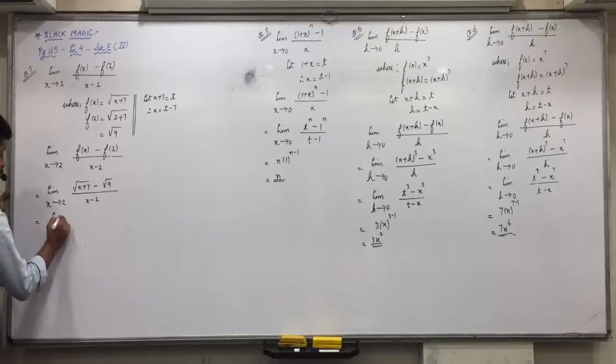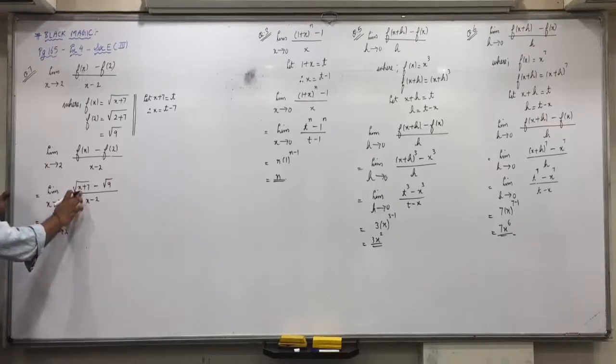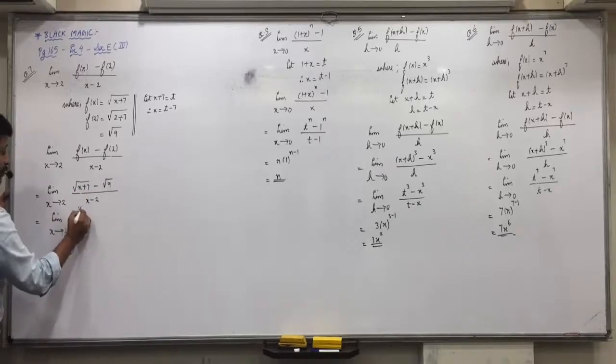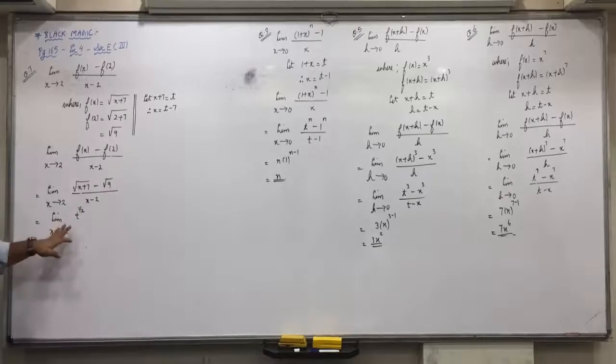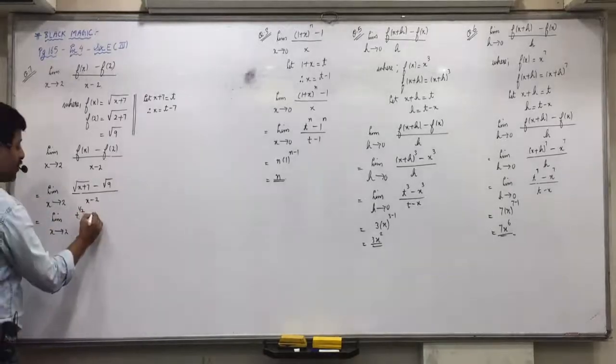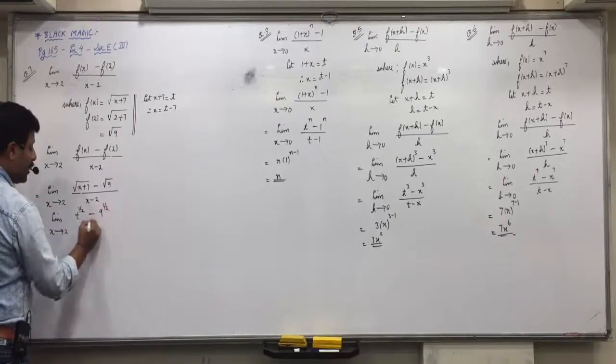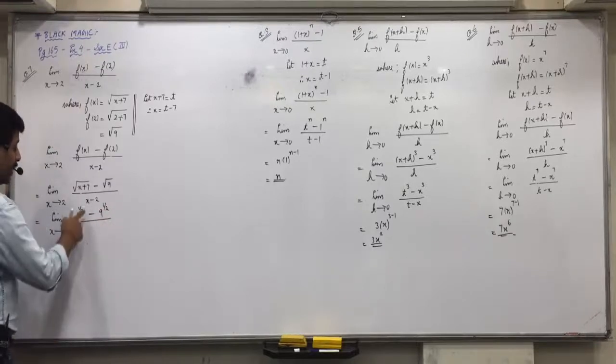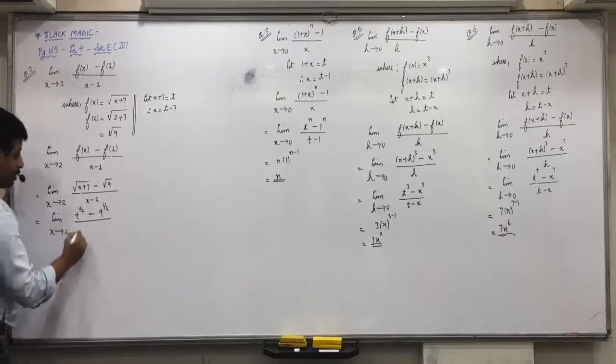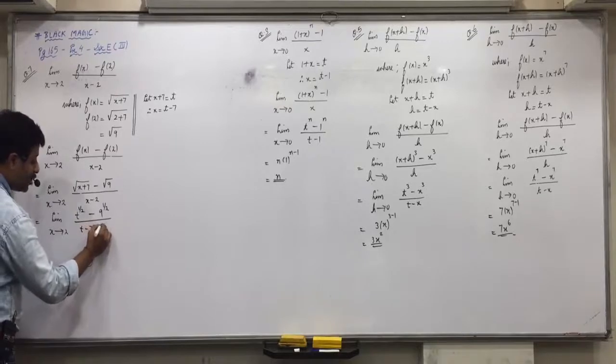Now limit x tends to 2. In place of root of x plus 7, what can I write? t raised to 1 by 2. Root means raised to 1 by 2. Minus, in place of root 9, 9 raised to 1 by 2. In place of x, t minus 7 and minus 2 as it is.